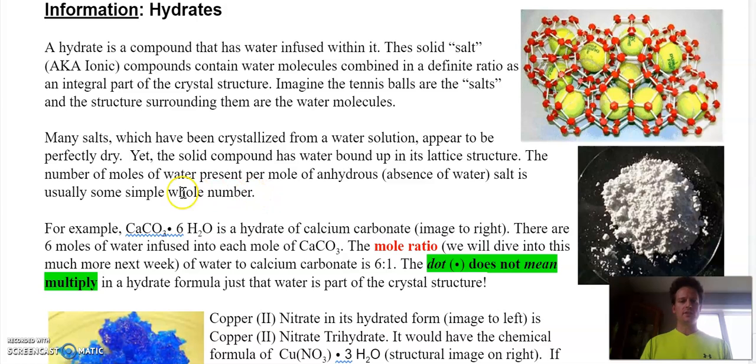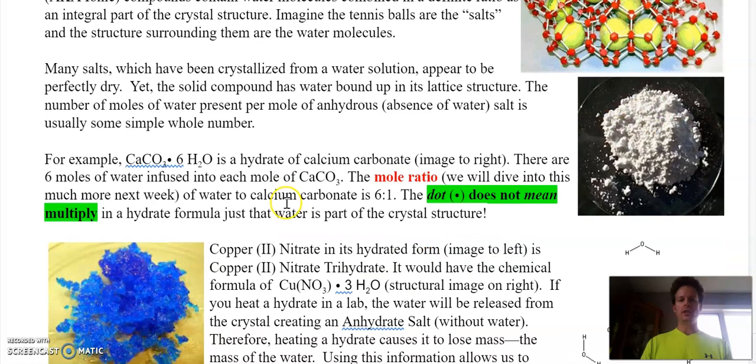There are different things we can look at. So if we look at this one right here, the calcium carbonate, if this is calcium carbonate as a hydrated form, this would be called calcium hexahydrate.